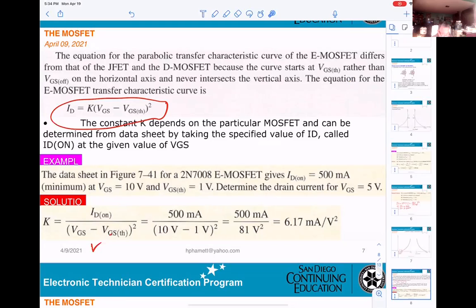The equation for the E MOSFET transfer characteristic curve is ID equals K times VGS minus VGSTH, squared. The constant K depends on the particular MOSFET and can be determined from the data sheet by taking the specified value of ID, they call it ID on. That means normally they give you the ID on value.